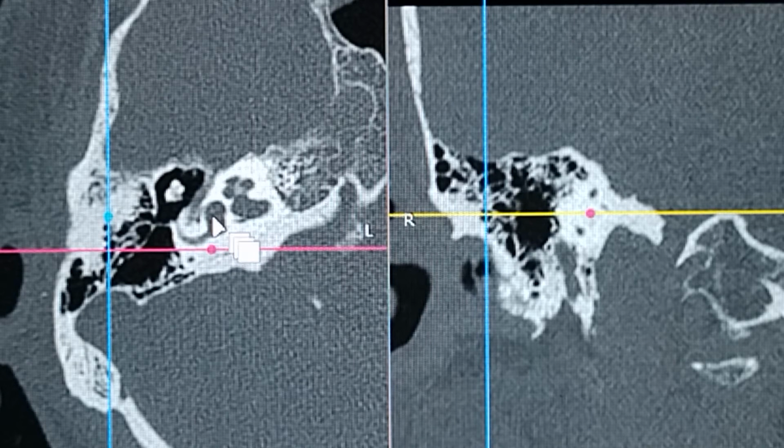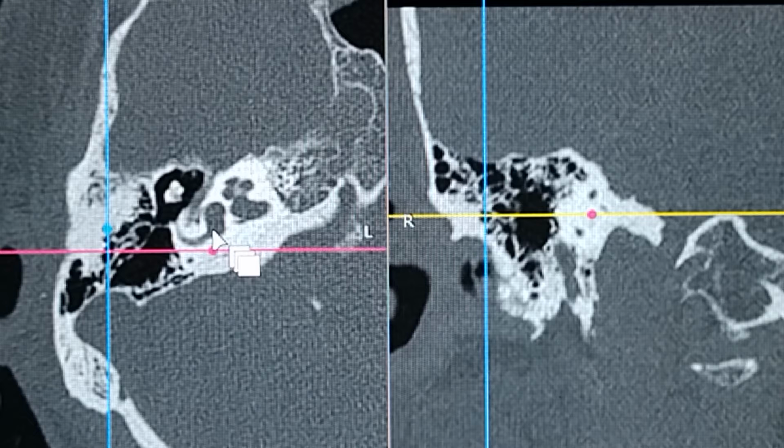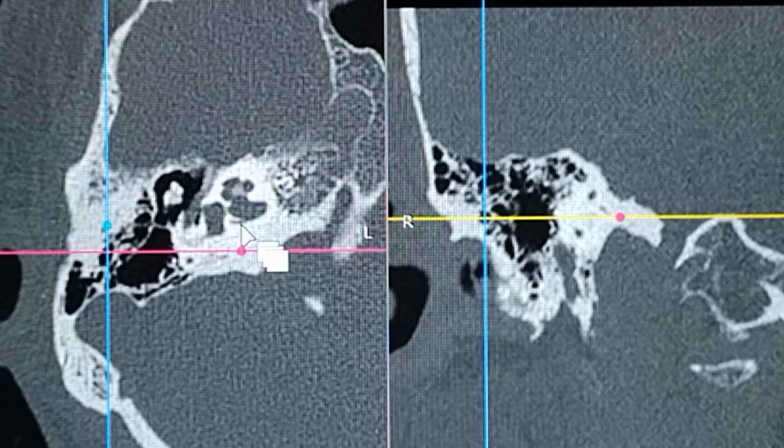Always remember, the cochlea is somewhat anterior, the vestibule is somewhat posterior in relation to each other. As you can see, that is a faint nerve soft tissue shadow going right here. If I keep on going inferiorly, you can actually see that's the inferior vestibular nerve going to the vestibule.